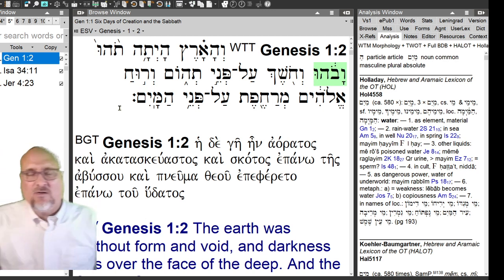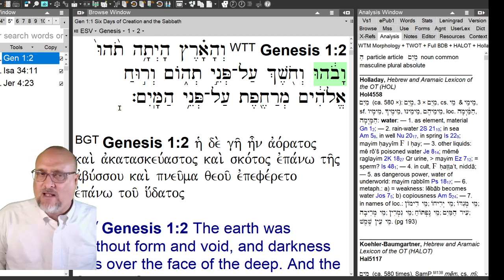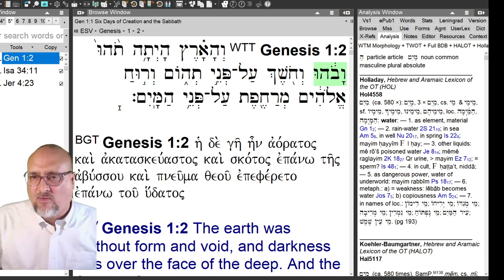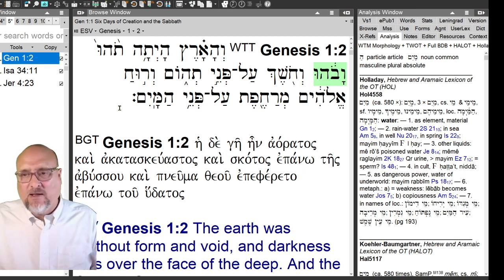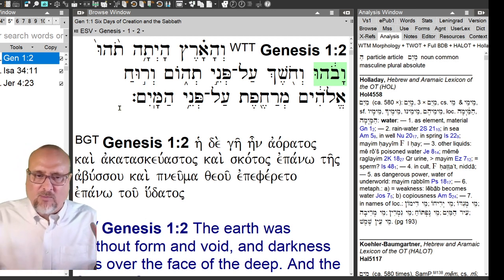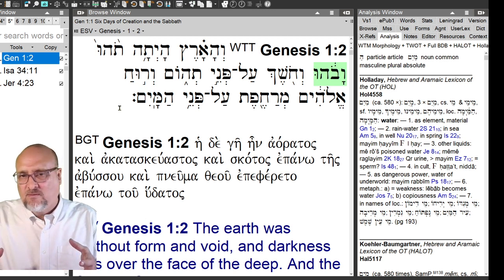Why would God create the world in its initial state look like this unformed state? This howling waste, and then start bringing order into it, and light and life and his rule.